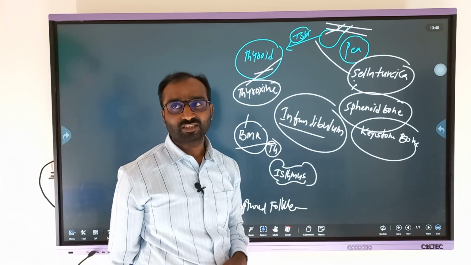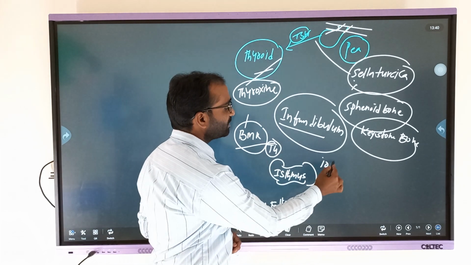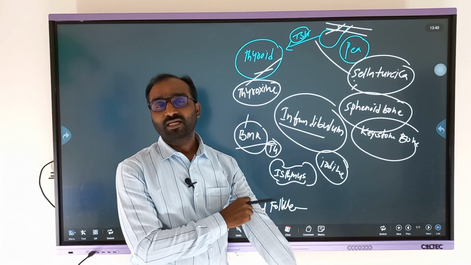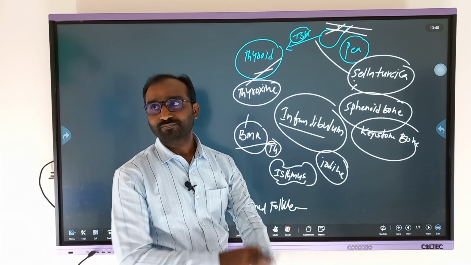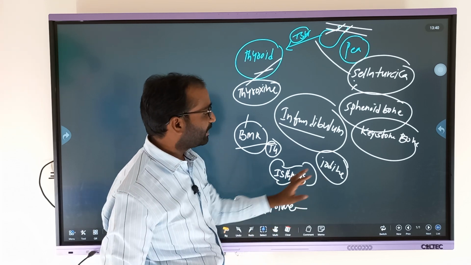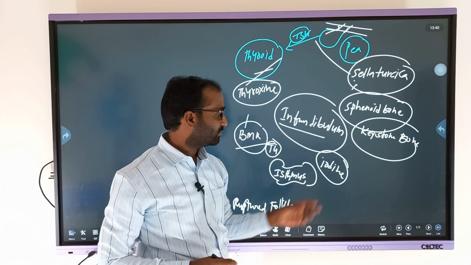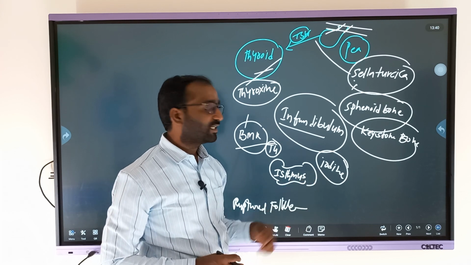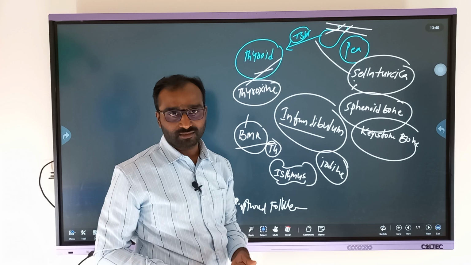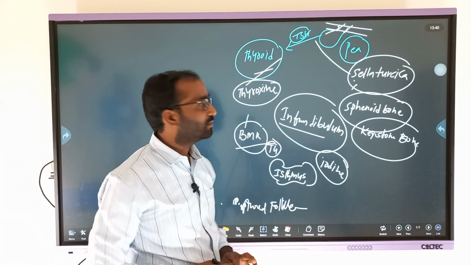What is that? Isthmus. So generally iodine is responsible for the synthesis of thyroid gland hormones. Am I clear? Right? That is why doctors advise taking iodized salt. This is the reason.